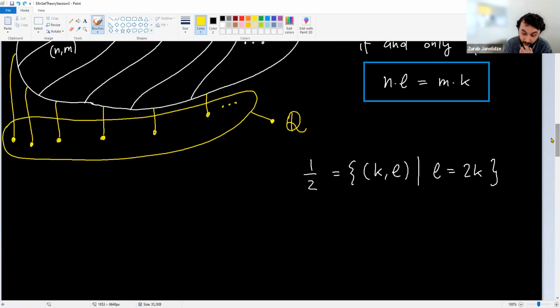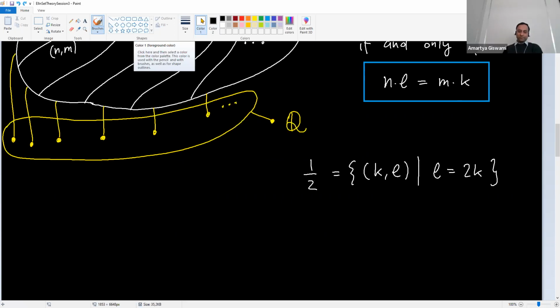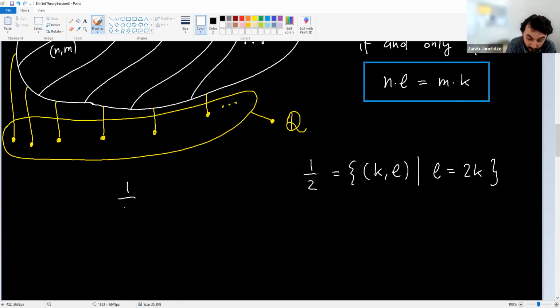So this is an important thing to understand because even at school, when they explain what a fraction is, they don't make this point very clear. So when we say that 1/2 is the same fraction as 2/4, for example, what does it mean that it's the same fraction? We first have to define a fraction before we can say that they're the same.